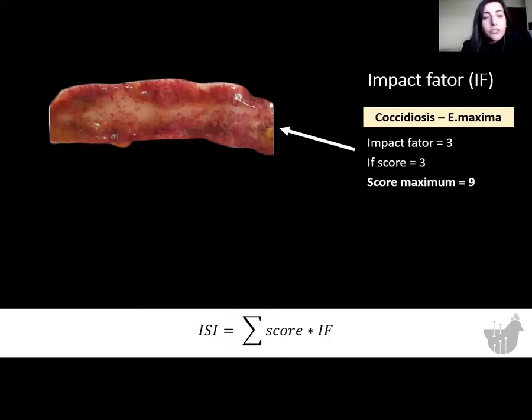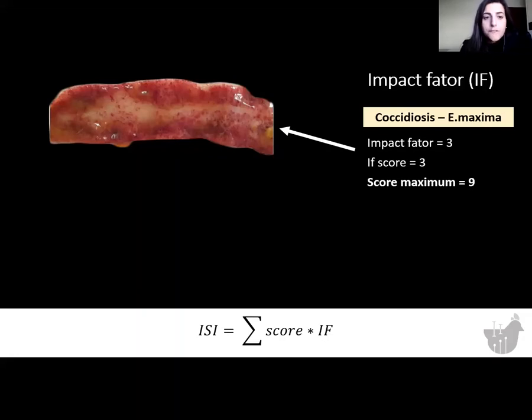For example, coccidiosis by Eimeria maxima receives impact factor 3. This is automatic and pre-recorded in the app. This impact factor is according to the inflammatory situation that these lesions cause in the bird.